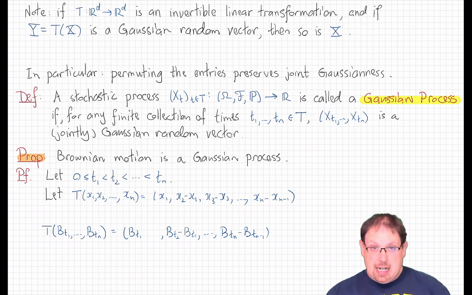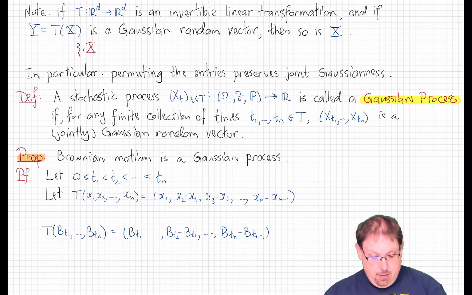We can see that easily from the Cramér-Wald characterization, because in this circumstance, if I take any vector xi and dot it with x, well, that's xi dotted with T inverse of y. And now I can move the T inverse across the dot product by taking its transpose.